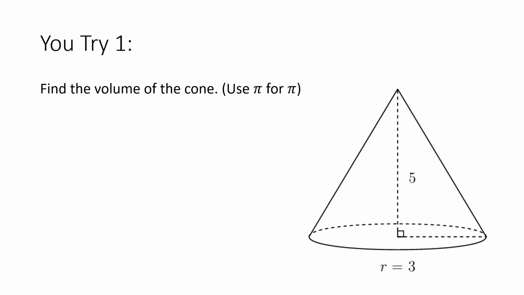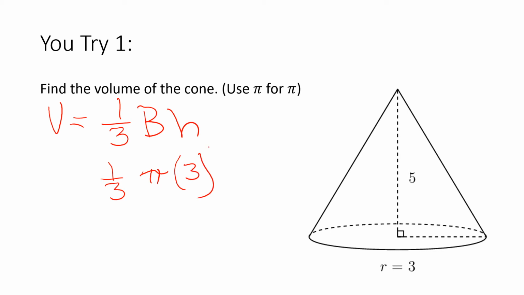Now that you've tried it on your own, let's do it together. Let's find the volume of this cone. We're going to use pi for pi. So the volume is equal to 1/3 the base times the height. So 1/3 times pi r squared.